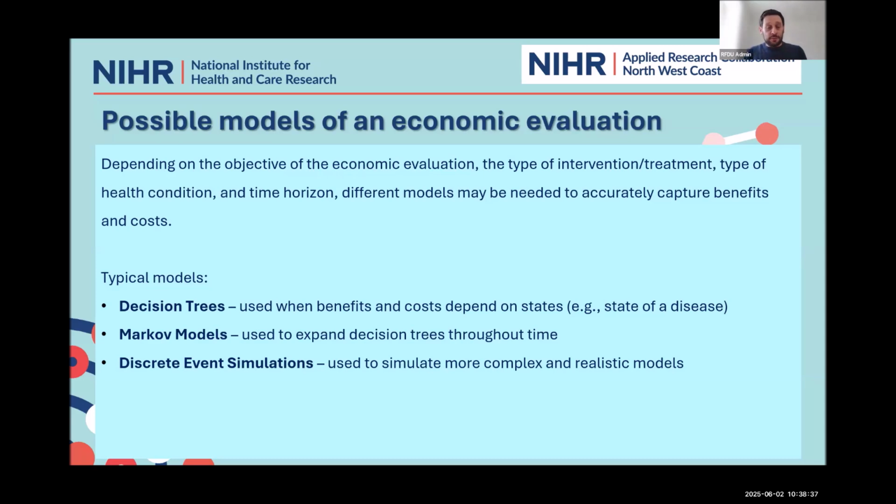People use models in order to depict the patient pathways as realistically as possible, okay? If you're thinking about a person diagnosed with cancer, they might have some initial consultation where they go through different types of potential treatments they might receive.